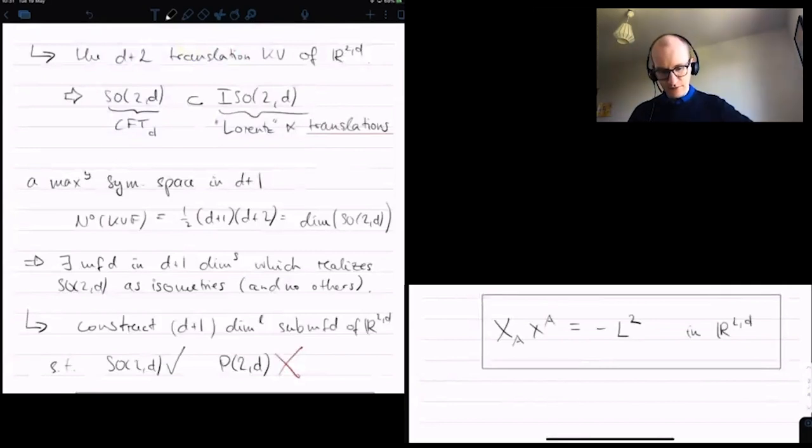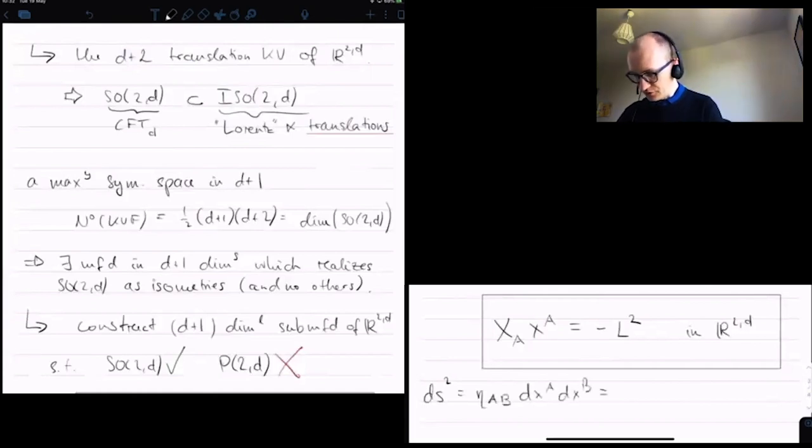So recall that we've written the metric in D+2 dimensions. This was the flat metric with two time-like directions, dX^A dX^B η_AB, which was equal to minus dX0 squared plus all the effectively D spatial directions, so there's a plus sign, and then I had one more time-like direction.